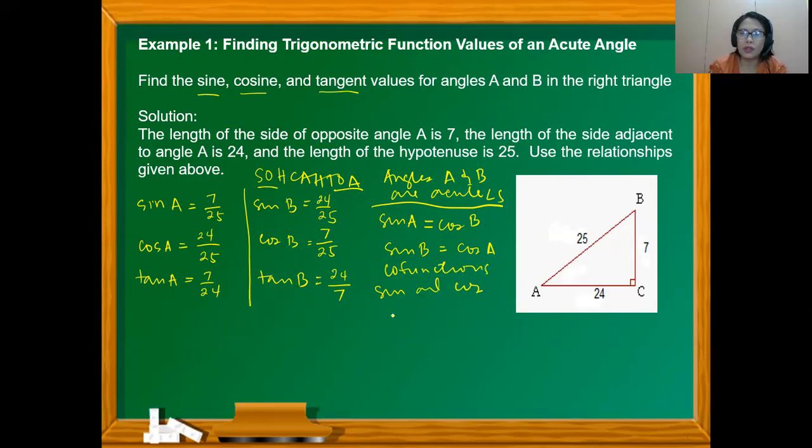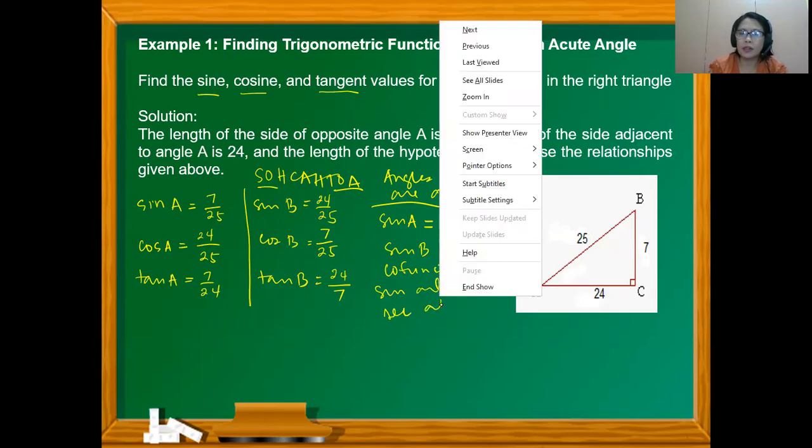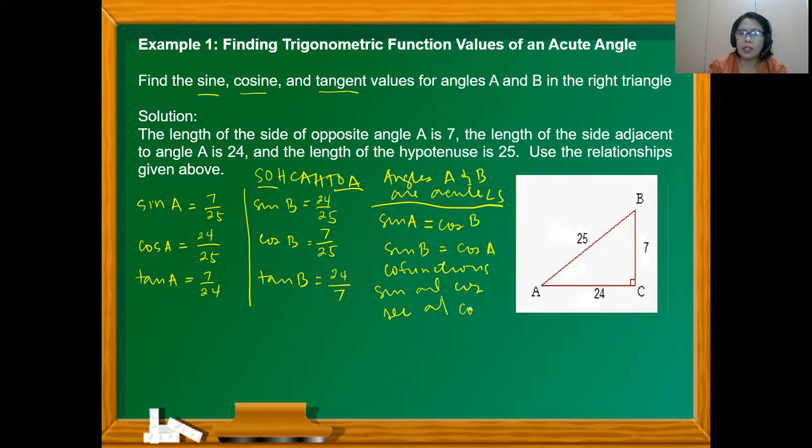So they're cofunctions, as well as secant and cosecant, tangent and cotangent. So later, I'll introduce to you how to express a trigonometric function value in terms of its cofunction.